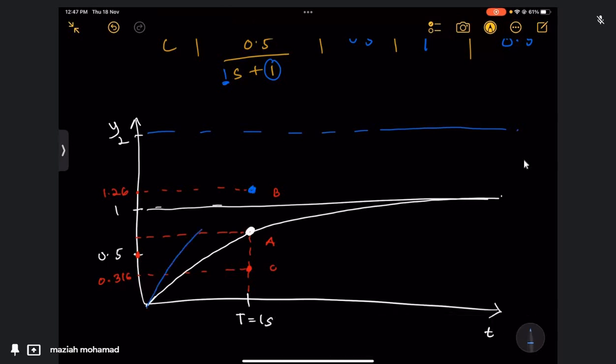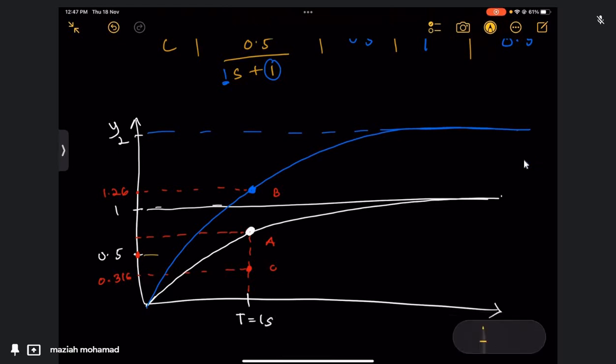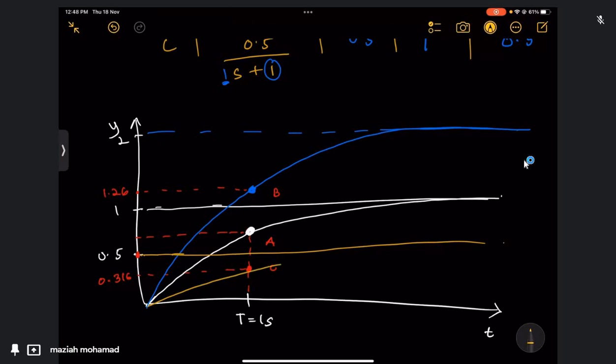So you can get the behavior. And for system C, it will reach the final value 0.5, so it will reach something like this.